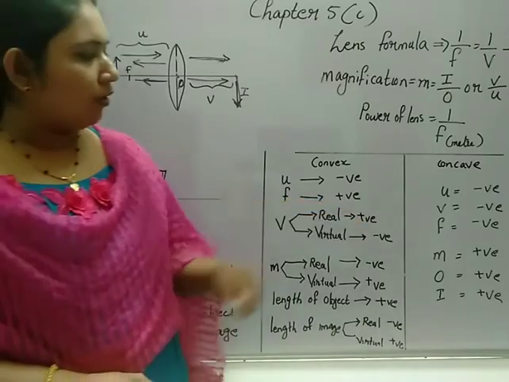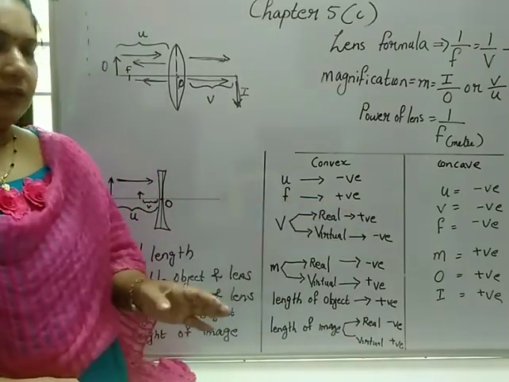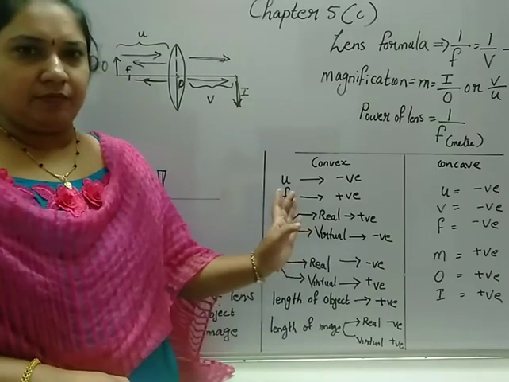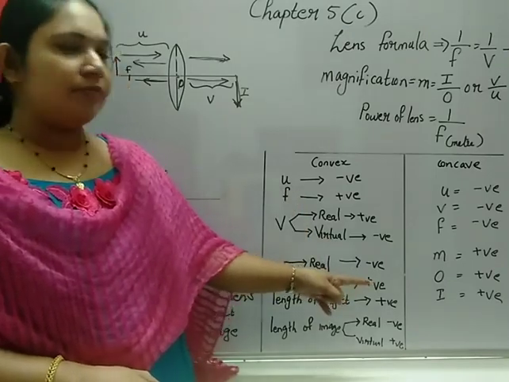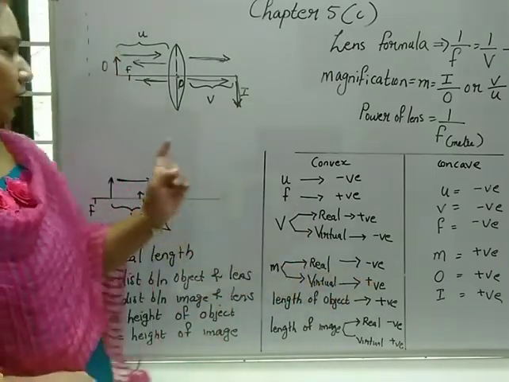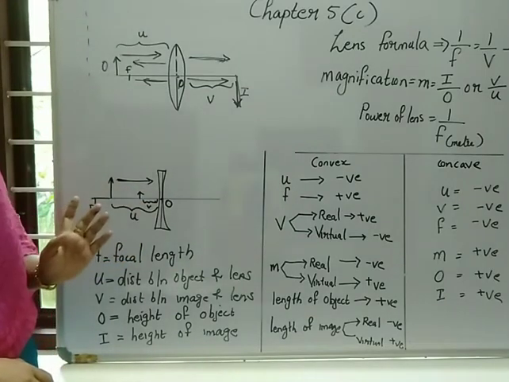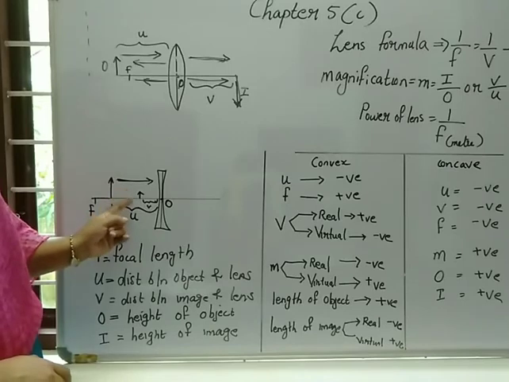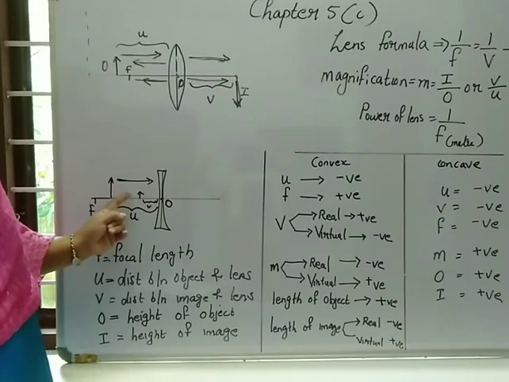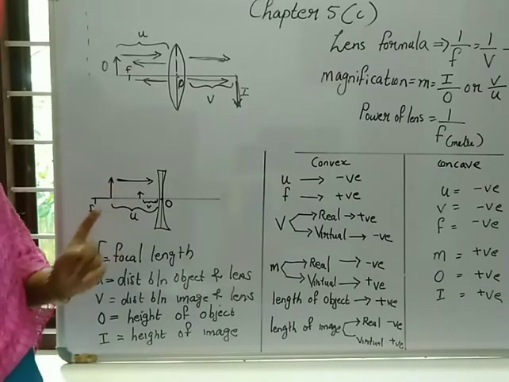In case of a concave lens, the object is positive, and the image is also positive because a concave lens always forms an erect image above the principal axis. So for a concave lens, the height of the object and the height of the image are both positive.